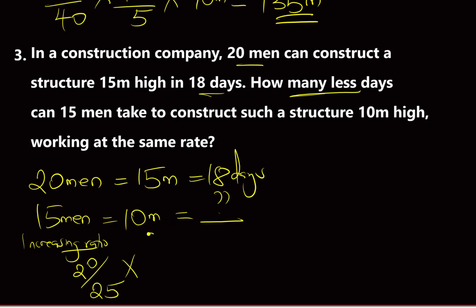Less days, decreasing ratio. The decreasing ratio will have the smaller value at the top, which is 10, over the bigger value, which is 15. All this we multiply now by 18. We put the values in our calculator. 20 over 15 times 10 over 15 times 18.